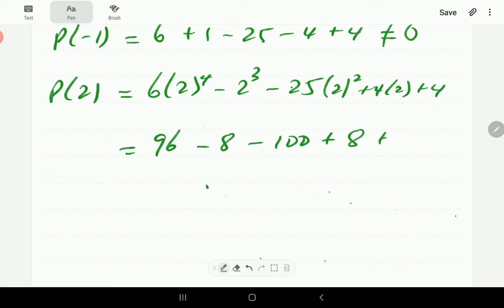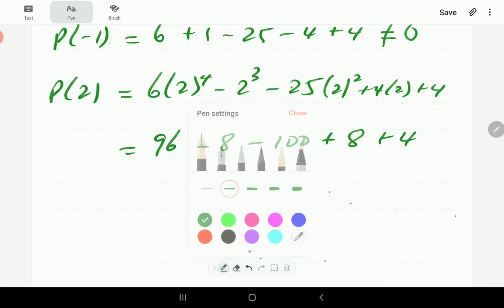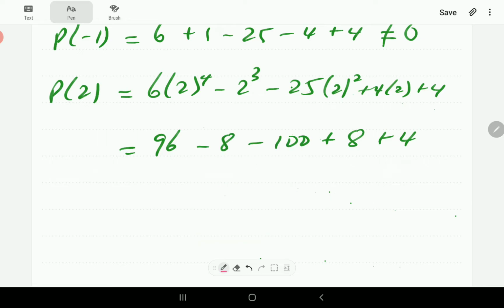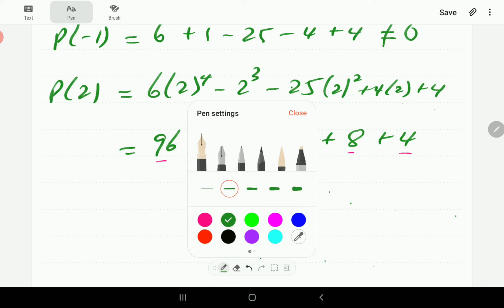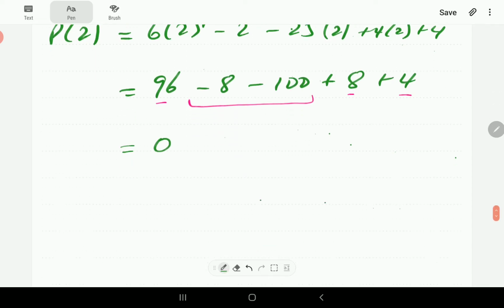This is going to be 8 and then plus 4. Now, if you look at the negative ones here, that's negative 108. Look at the positive ones. 96 plus 4 is 100 plus this. So this is actually working out to 0.